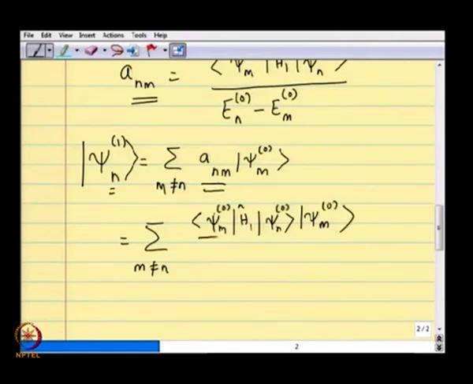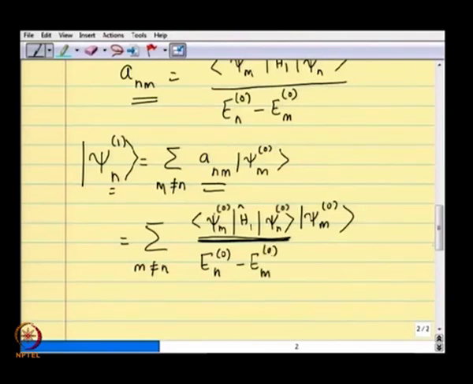Please remember this is a number, this is a complex number, and it's an energy, because the wave functions when integrated out will give you a number, and this is the Hamiltonian operator, the energy operator. So what you have is energy, and divided by this energy term e n 0 minus e m 0.